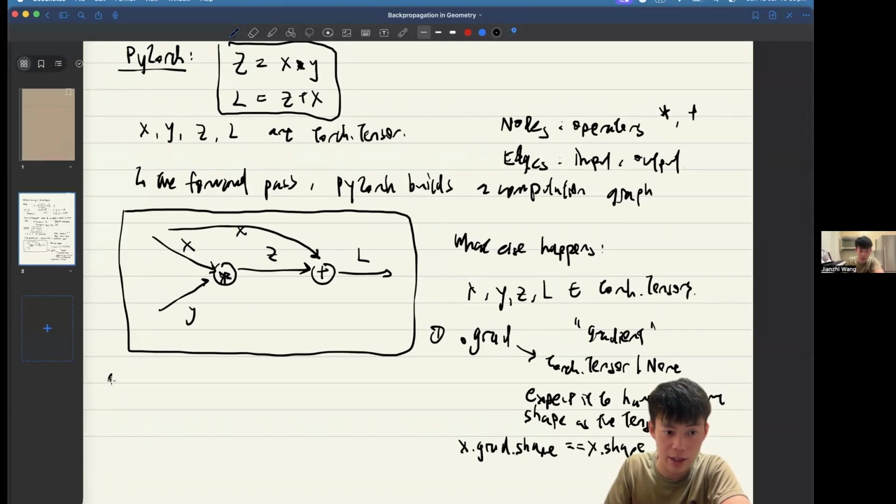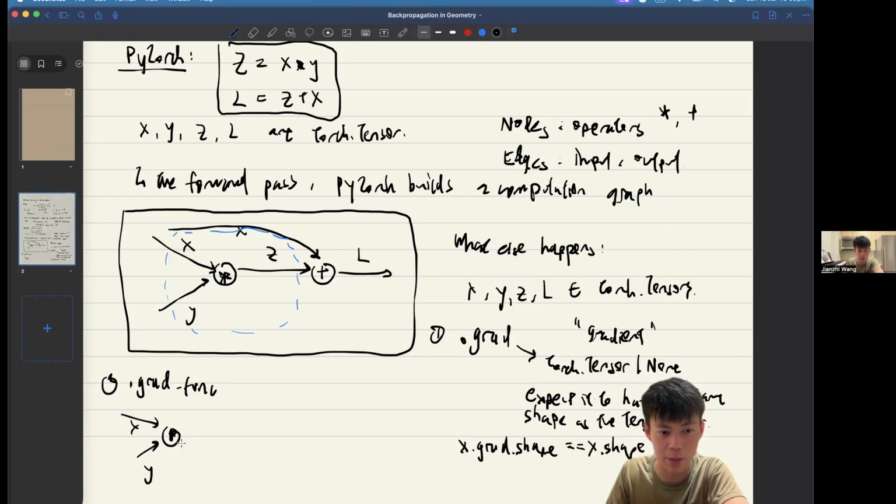And to update the weight, we expect the update to have the same shape as the weight. So the second property that I want to mention is this dot grad_fn property. This is the reason why backpropagation works. Let us just take this subgraph as an example. In this multiplication node, we have x as an input, y as an input, z as an output.